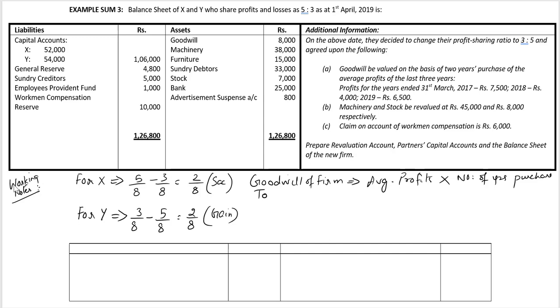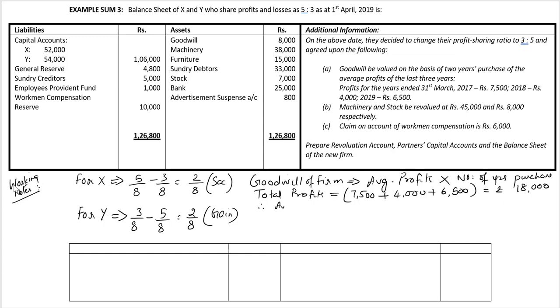Total profits is equal to rupees 7,500 plus rupees 4,000 plus rupees 6,500. This comes up to rupees 18,000.